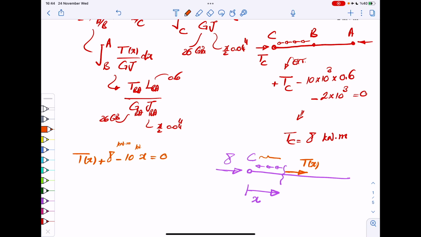Does that make sense? So Tx becomes minus 8 plus 10x, which makes perfect sense.